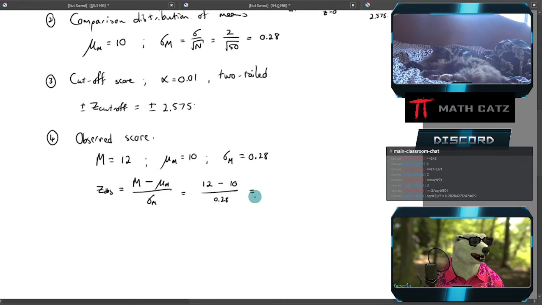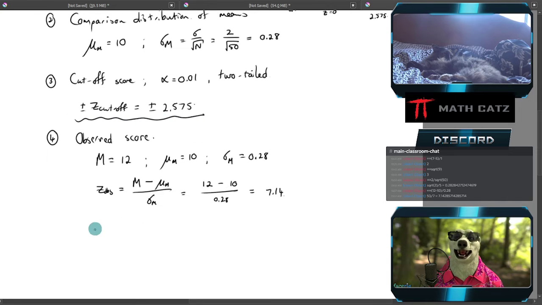So let's see what we get there. We'll put that in to our calculator. 12 minus 10, just to be thorough, over 0.28. And we get 7.14. So we're comparing our cutoff to our observed score.